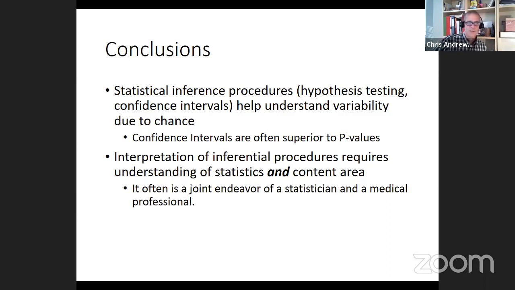In my opinion, confidence intervals are superior to p-values almost all the time. Whenever I report a p-value, I almost always report a confidence interval on my effect as well. And often I'll report a confidence interval without a p-value when I feel the p-value is unnecessary.